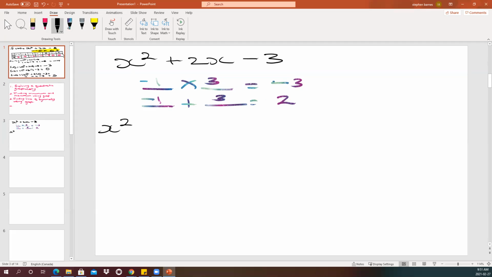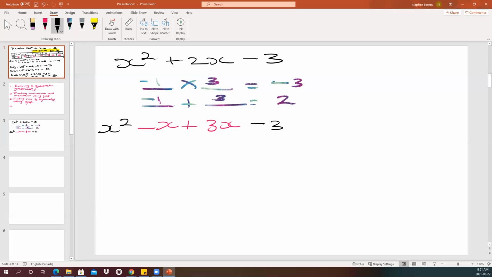x squared, and then you would just put in this -1x, or I can just call it -x, plus 3x. Those are the two numbers that we just found, minus 3.